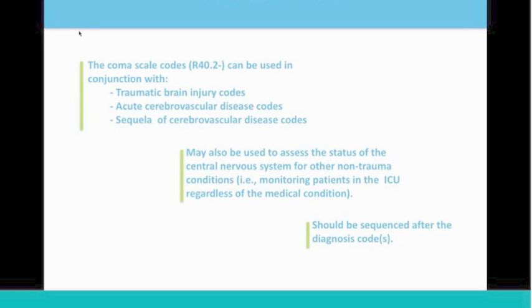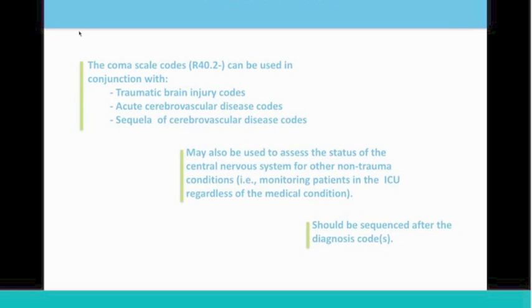For the coma scale, the coma scale codes R40.2 and so on can be used in conjunction with traumatic brain injury codes, acute cerebrovascular disease, or sequelae of cerebrovascular disease codes. These codes are primarily for use by trauma registries, but they may be used in any setting where this information is collected.